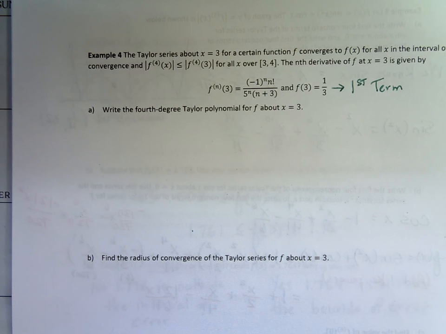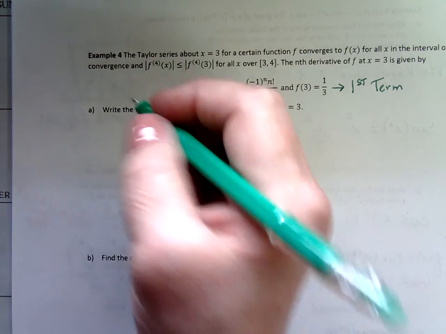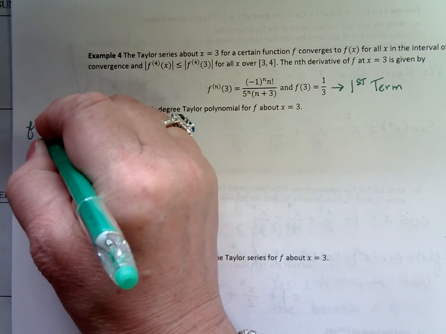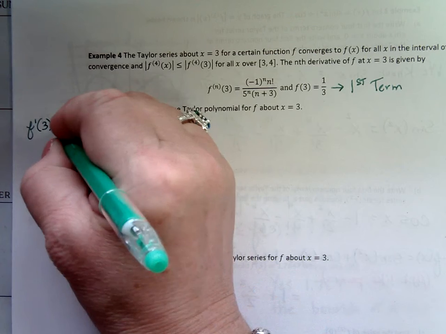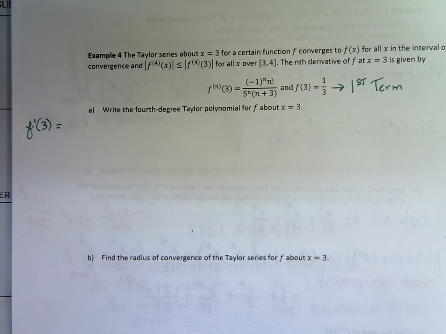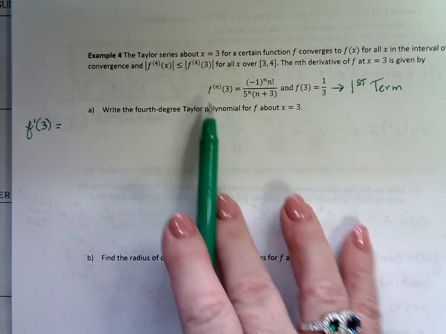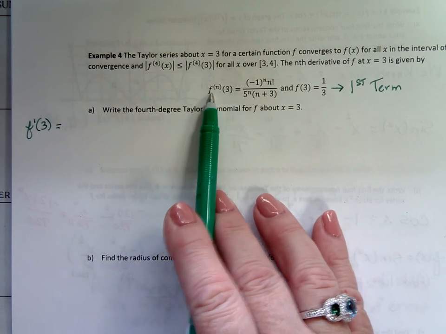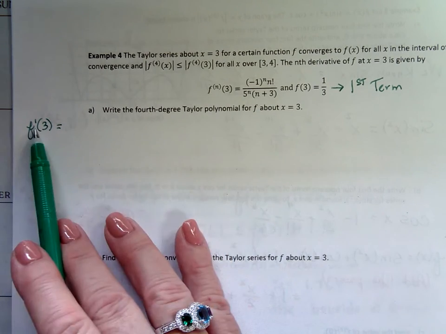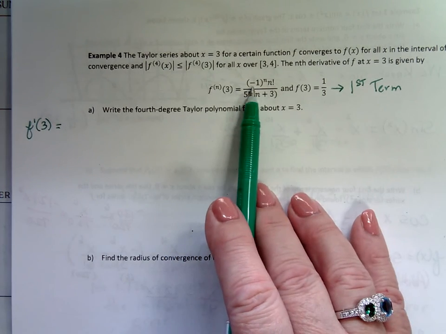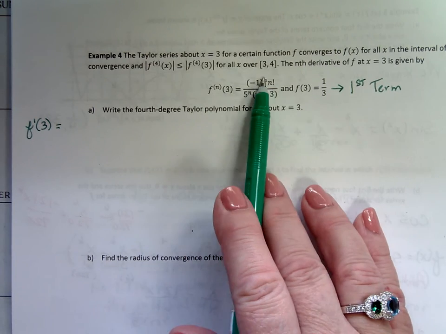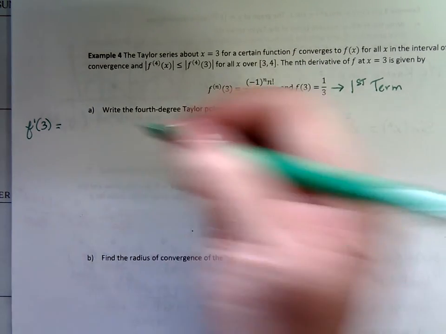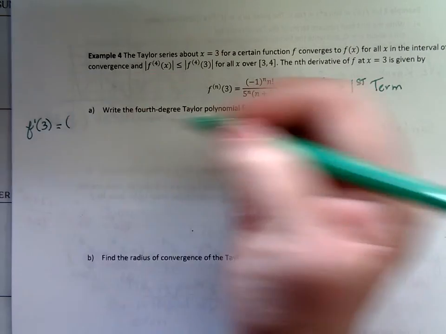So f prime of 3, the first derivative, equals. How am I supposed to get that? If I go back up here, isn't this how I'm going to generate these powers? If I have the first derivative at 3, which I'm trying to do, then n is 1. All of my n's become 1s. So let's see what that looks like and see if I can come up with an actual number answer.